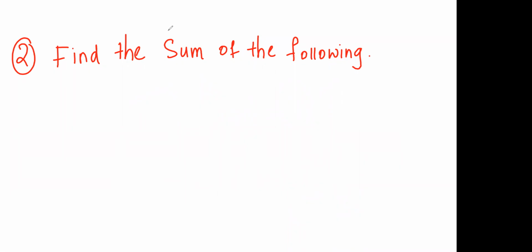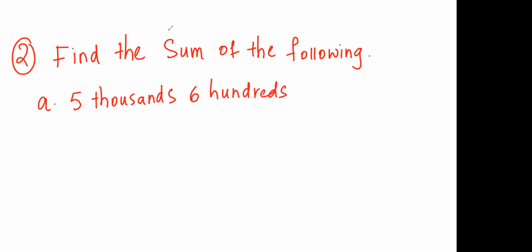Let us take one question which is in the word form. I am going to write a question in the word form. Let us convert that into figures and find out the sum. Here a question is given as 5,000s, 600s, 2 tens. It is just like an expanded form, right? Let us convert this into its standard form and find the sum.